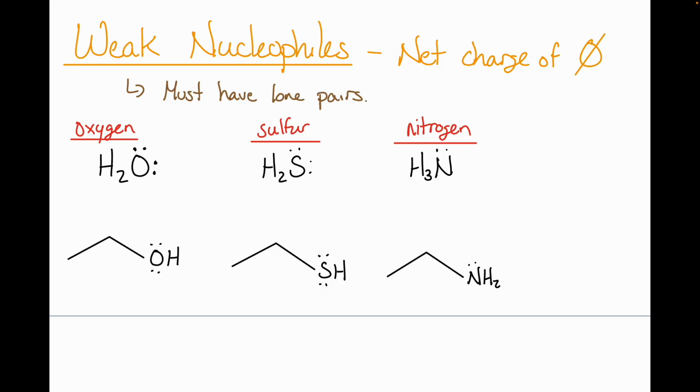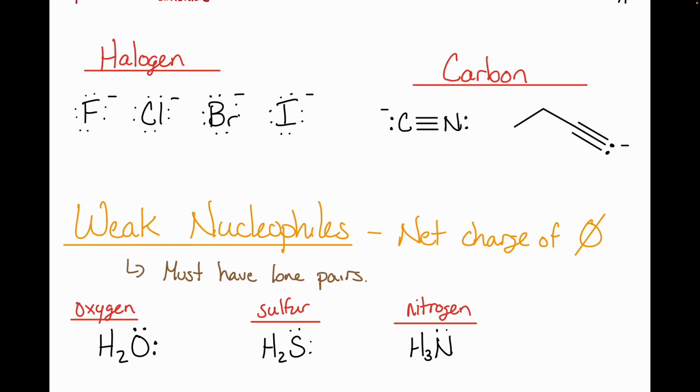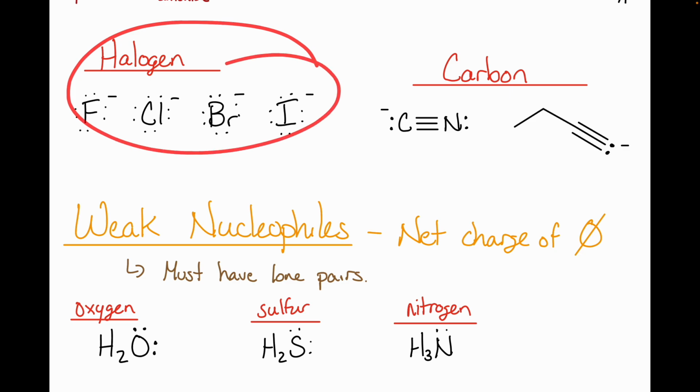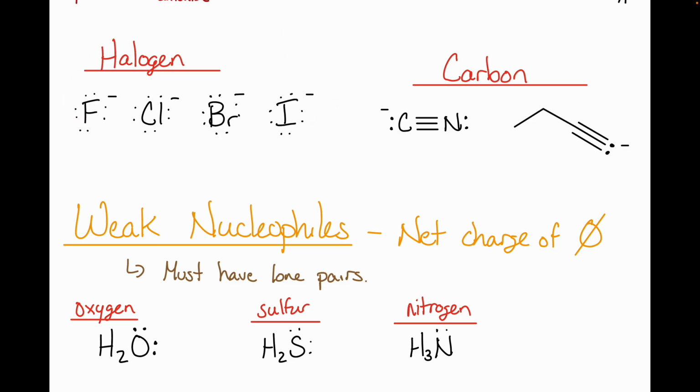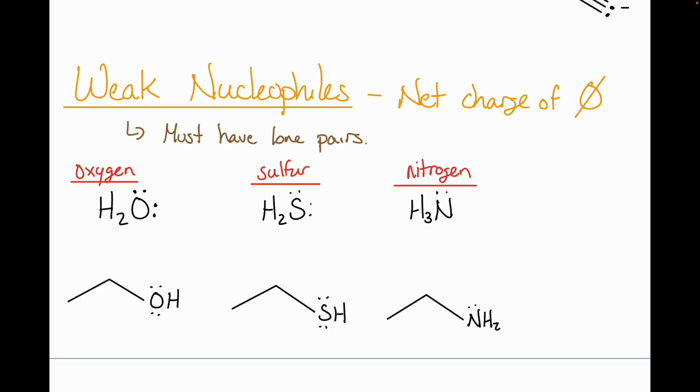We're going to note that we don't have any neutral halogens on this list. When they're neutral, halogens are just very electronegative, so they're not really keen on sharing their electrons unless they have this net negative charge. And carbon doesn't have any lone pairs. There is one important carbon exception that we are going to put down.